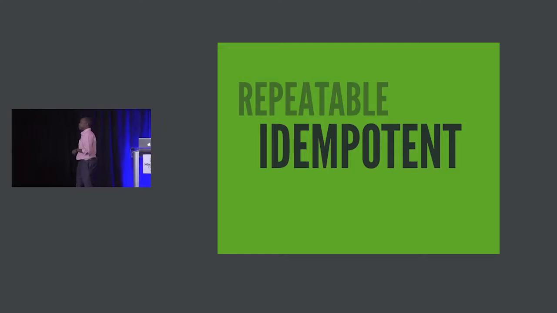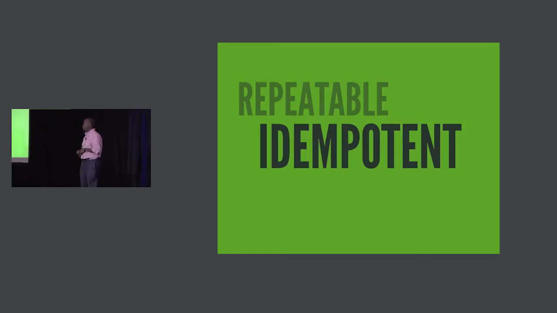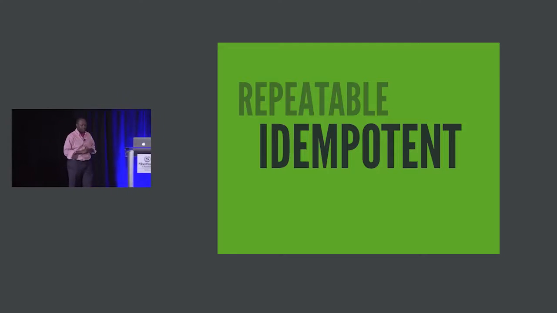So the last characteristic, a great characteristic of a good process, of a good workflow, is idempotency. Idempotency, another mathematical concept, is the ability of taking an action on any single object and obtaining the same result.